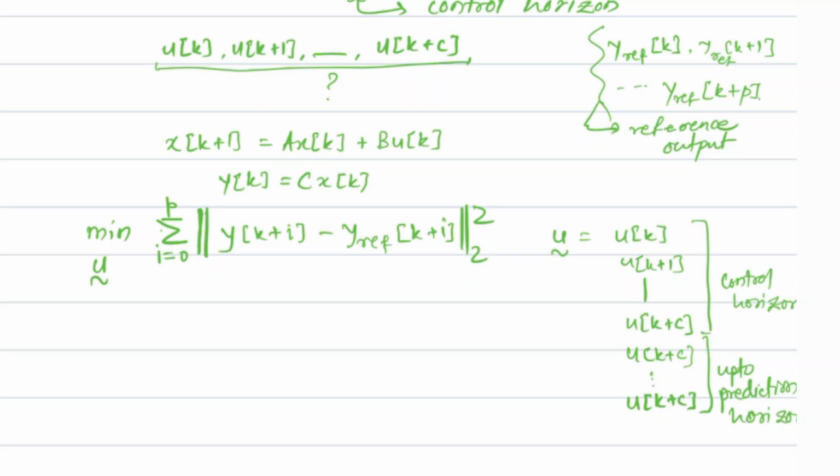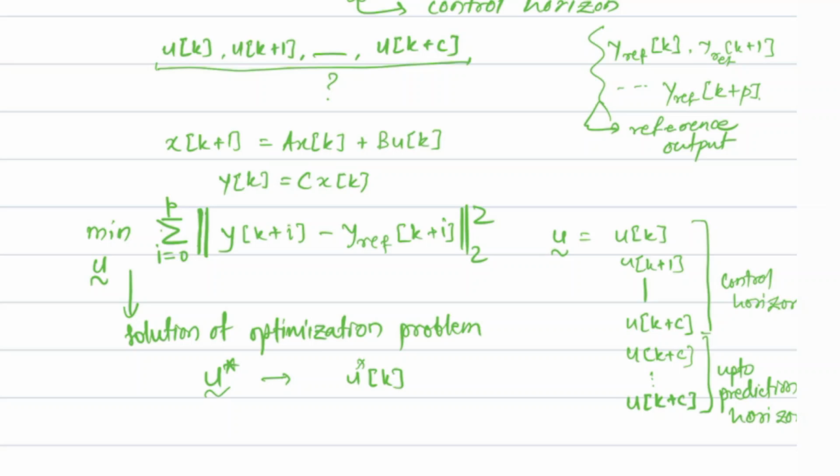So if you solve this optimization problem using any method, the solution of this, say u star, you will obtain. So in this u star, you will pick u star k and implement it.